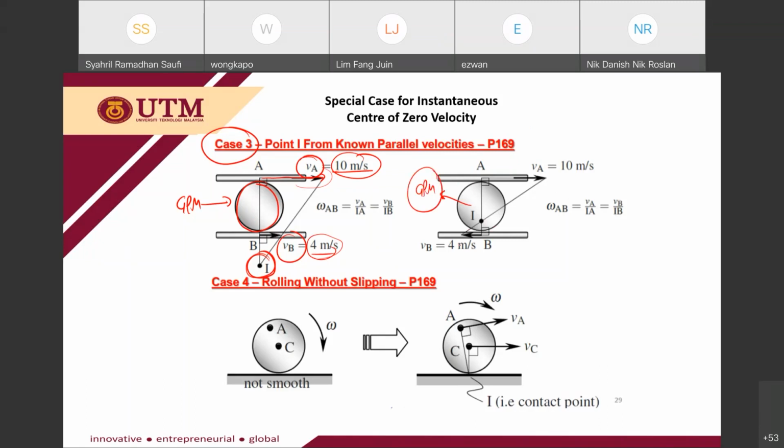From the tips of the velocities, the intersection point is the instantaneous center of zero velocity. You draw the perpendicular lines first, and then the intersection with the line through the tips is your ICZV. So this is case number 3.